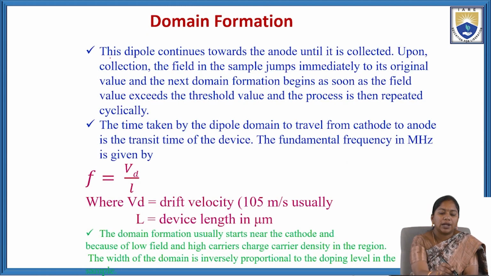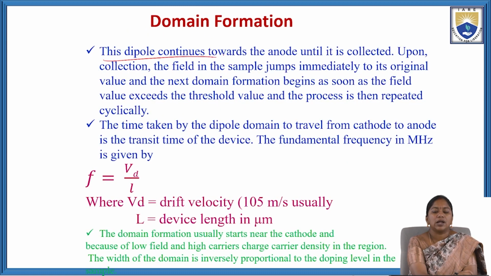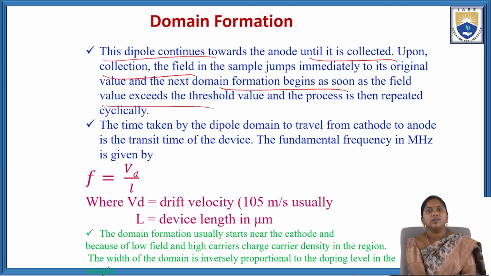So this dipole continues towards the anode until it is collected. Upon the collection, the field in the sample jumps immediately to its original value and the next domain formation begins as soon as the field value exceeds the threshold value, and the process is then repeated cyclically.